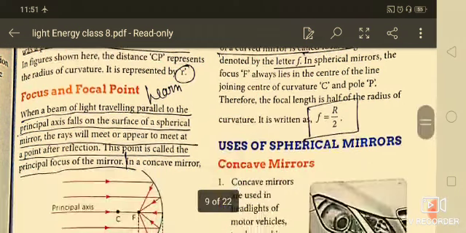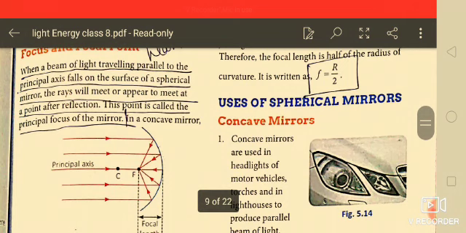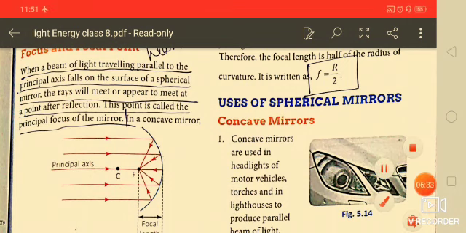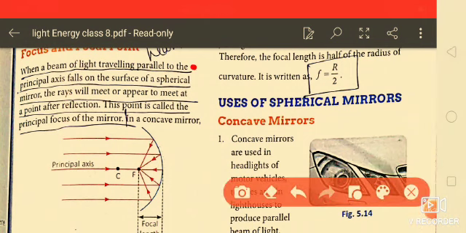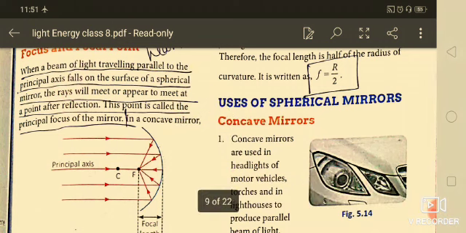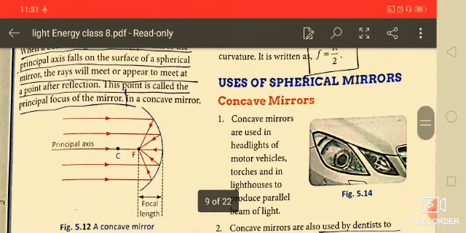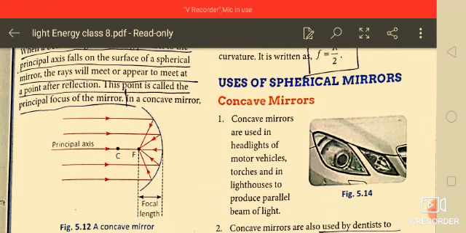Now next one is focus and focal point. Students, when a beam of light travels parallel to the principal axis, see here, this one is the principal axis, the rays will appear to meet at a point after reflection.